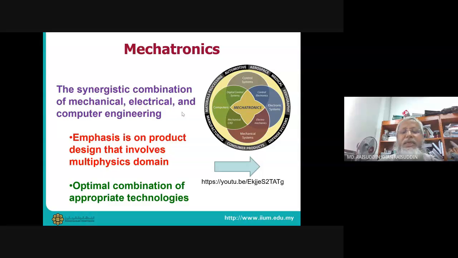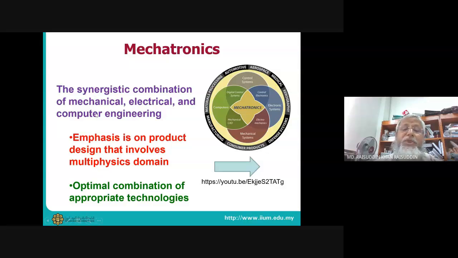Military engineering was basically developing trenches, roads, and how to cross the rivers. These were the activities of military engineering. Thereafter, military engineering was divided into three groups: civil, electrical, and mechanical engineering. Those we call traditional engineering.